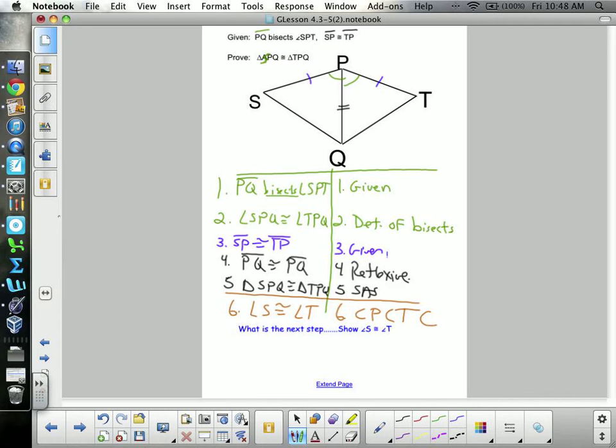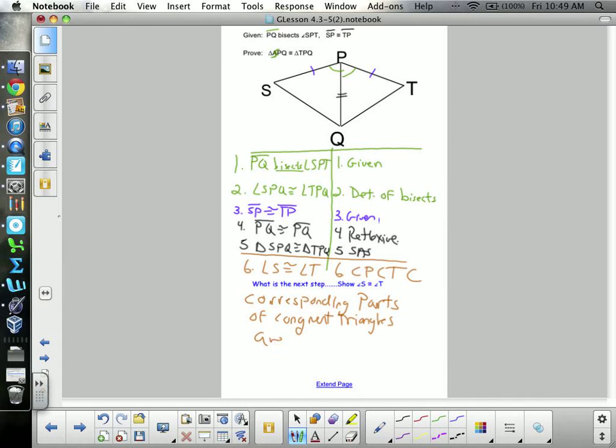And it stands for corresponding parts of congruent triangles are congruent.